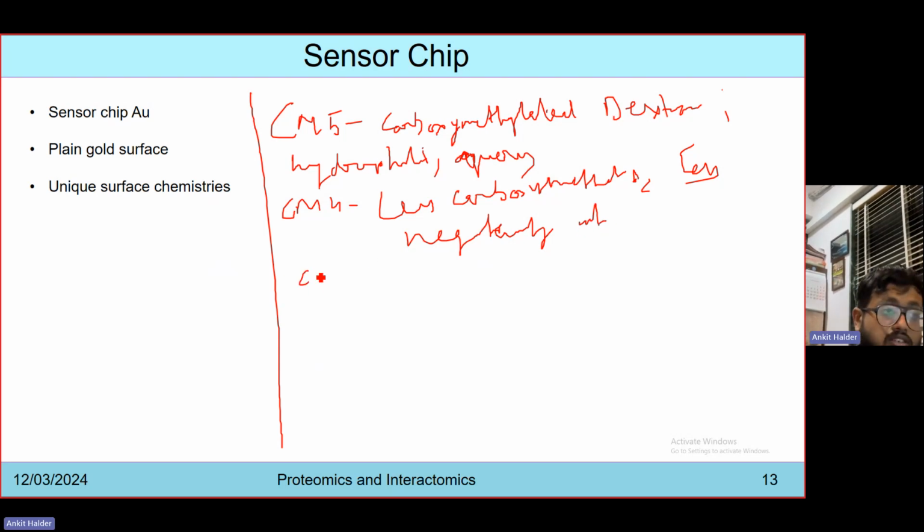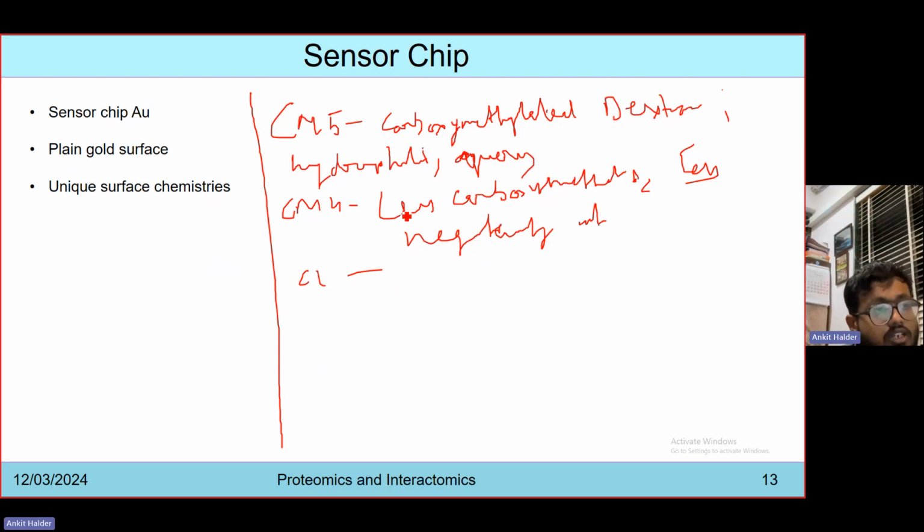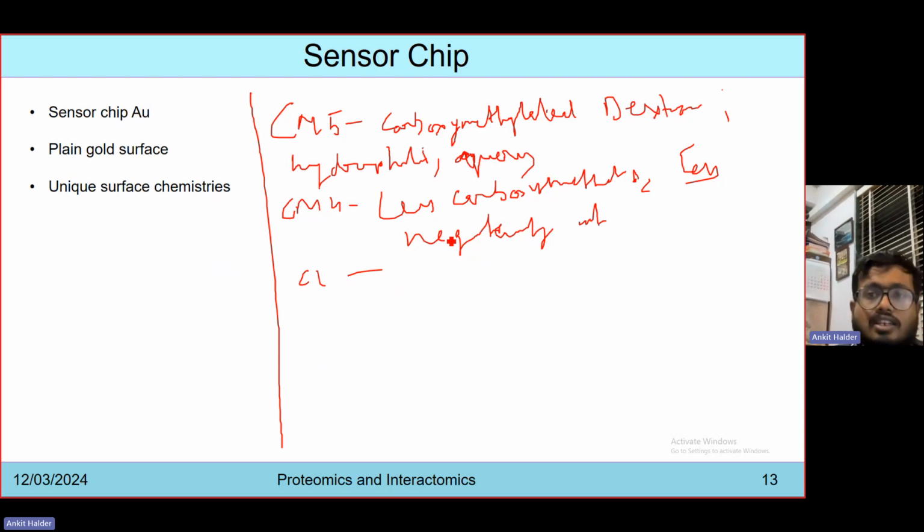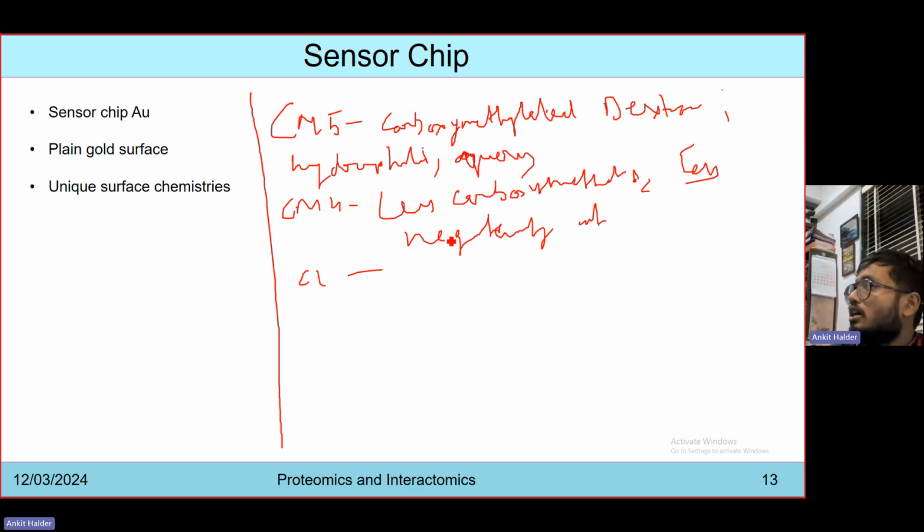Then it was C1 without the dextran matrix. So what was its benefit or advantage? The highly positively charged substances which come in the cell lysates will not bind to it, and it will reduce the non-specific bindings.